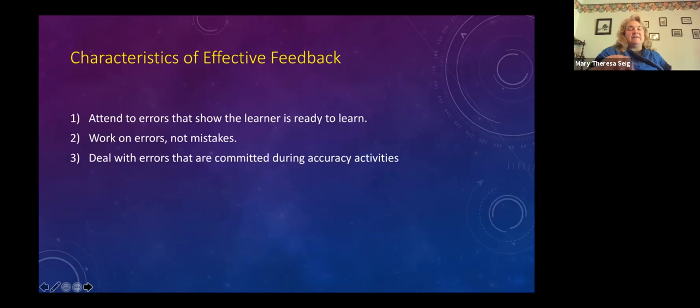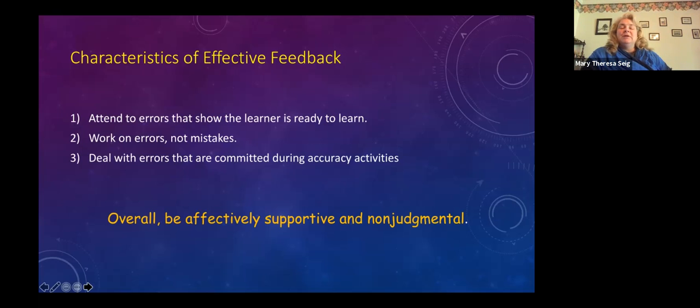And in other activities, you can focus on the communicative nature of the activity. And so deal with those errors when they are specifically in an accuracy activity, not in every single activity, so that the students can actually focus on liking the learning process of the language and also liking the feedback process that they get from you.